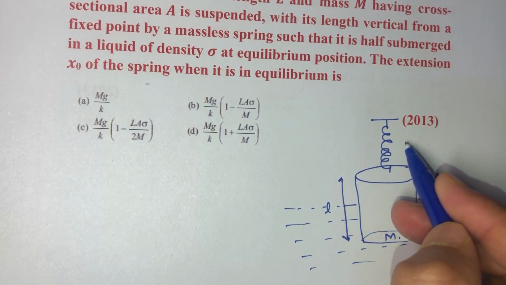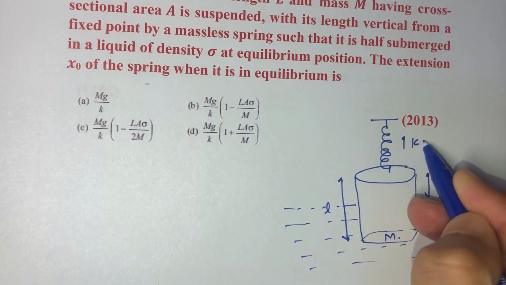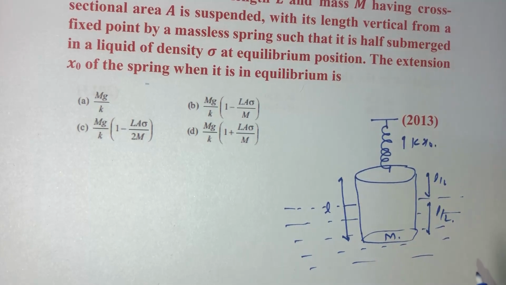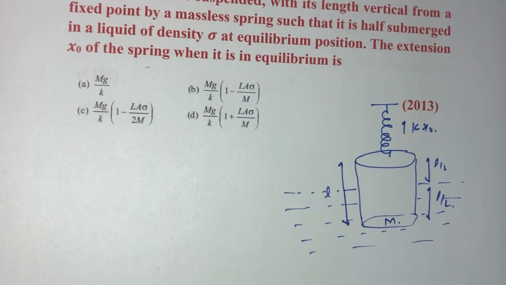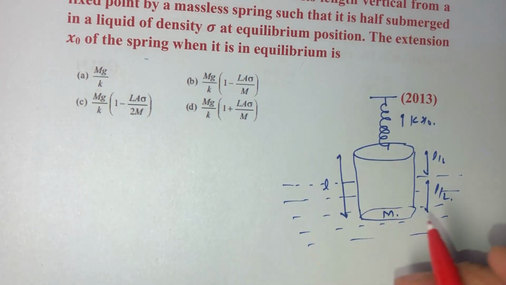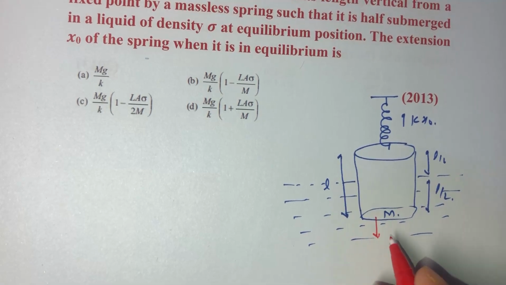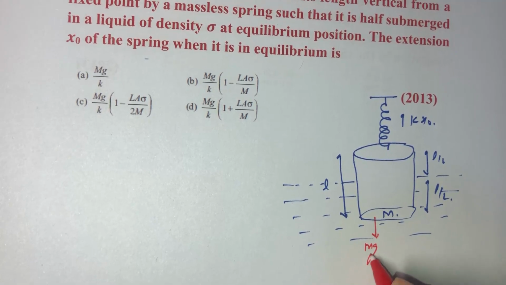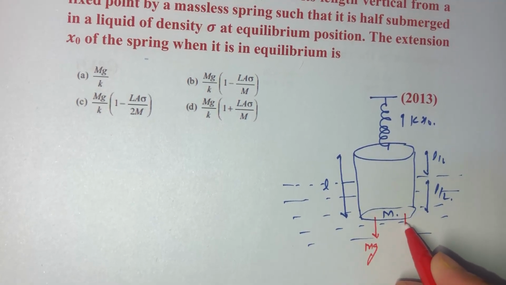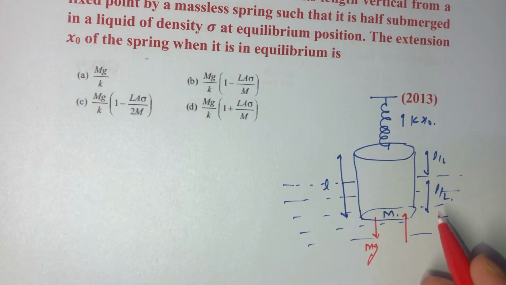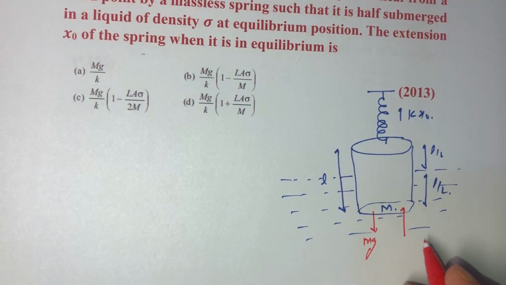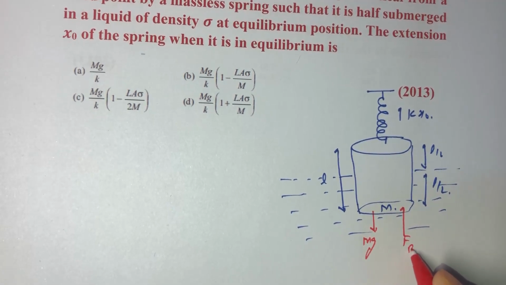So there will be a force acting in the upward direction that will be k x naught, and in the downward direction on the cylinder there will be a force because of the weight, that will be mg, and in the upward direction there will also be a force that will be the buoyant force. Let us call that Fb.